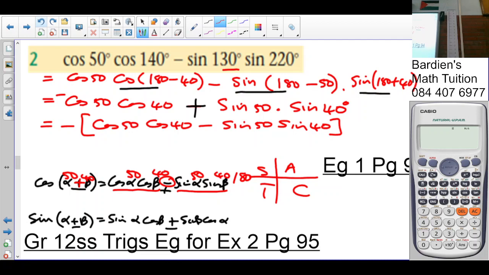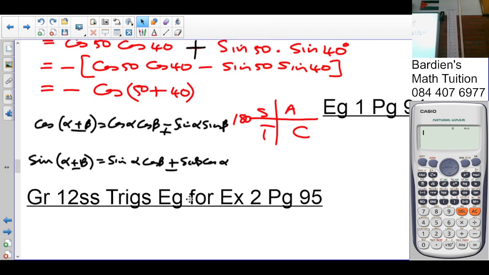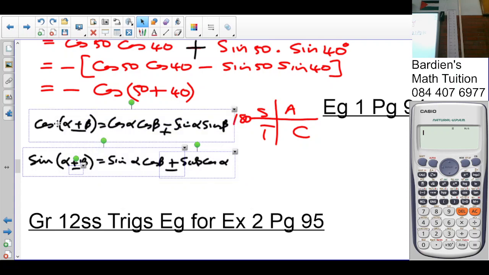You guys see that? Once I got it in that form, I can then convert it to the compound angle. Does it make sense, people? So that is going to be minus on the outside. It now is going to become cos of alpha plus beta, so it's going to be 50 degrees plus 40 degrees. And what is 50 degrees plus 40 degrees? 90.